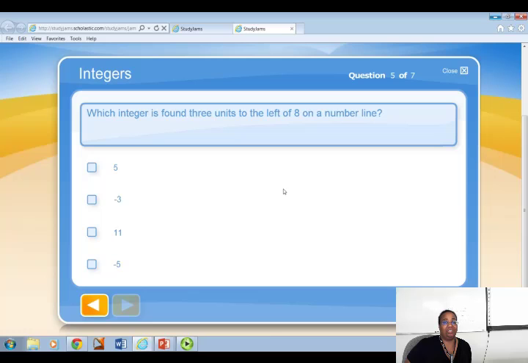Which integer is found 3 units to the left of 8? Positive 8. It'll be positive 5. It's the same as saying negative 3 plus 8, right? Okay. Now you guys might have some story problems like this on your test, so you need to be able to figure those out.